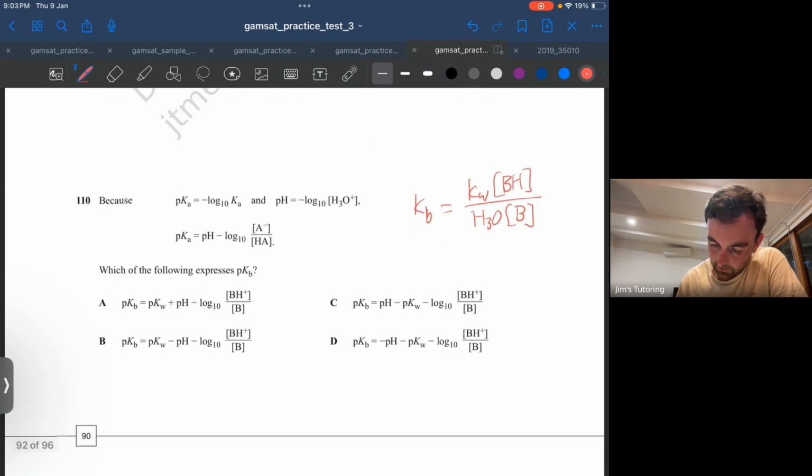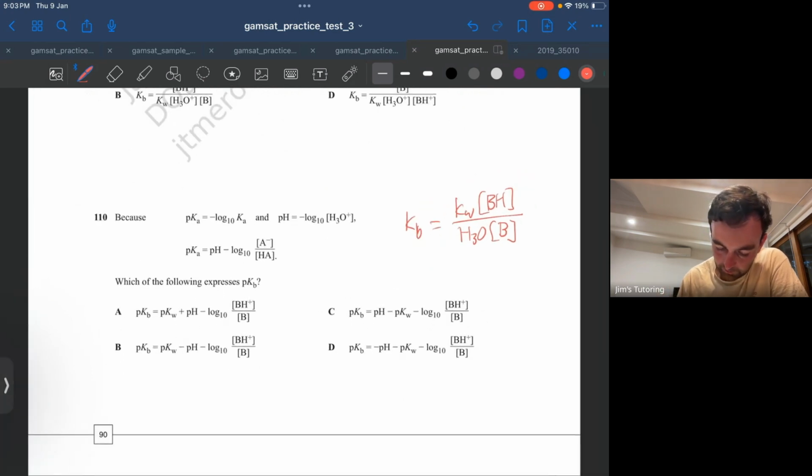So I'll start you off a little bit. P, remember, is negative log 10. So negative log 10 of KB. If we negative log both sides, sorry, that's what I should have said. So I negative log both sides.